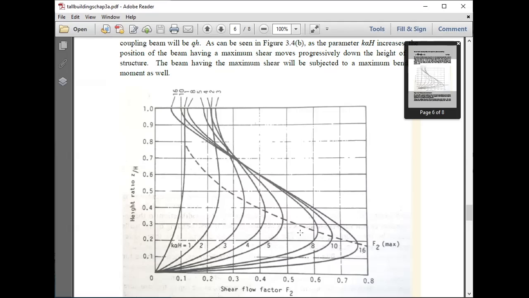K squared is 1.18 multiplied by 8.5, not 8.85, 8.5 is there. So you get a Q value of 6 into 64 into 0.58 divided by 1.18 divided by 8.5. The maximum value of Q is 22.2 kilonewtons per meter.